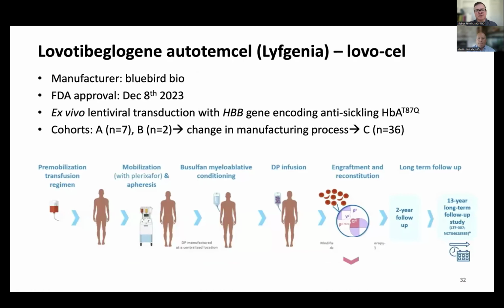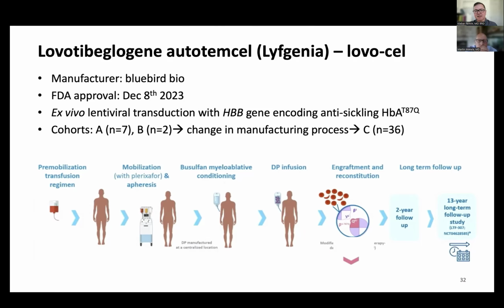There are two different gene therapies that have been approved by the FDA in December. The first one I'm going to talk about has this very, very long name, and I'll refer to it as lovo-cel, which is the shortened version of the name. And lovo-cel is essentially a gene therapy that is based on getting the stem cells from the patient and using a lentivirus, which is like a long-term virus that can carry pieces of DNA into the cell.